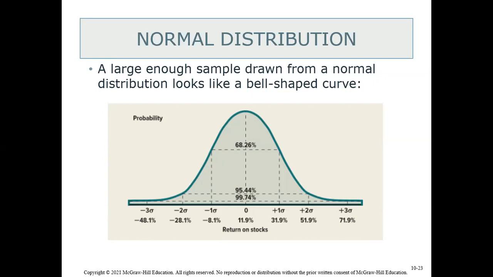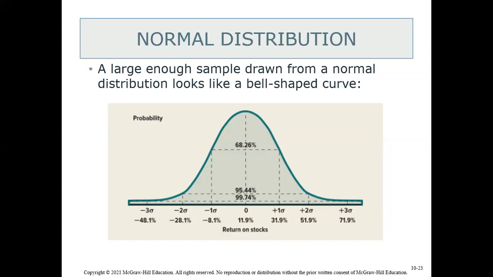Large company stock, the average return is 11.9%. Standard deviation in both ways is 19.8. So if you take 11.9 plus 19.8, you get 31 point, they have 9%. Let me see if it's around 31.7 though.